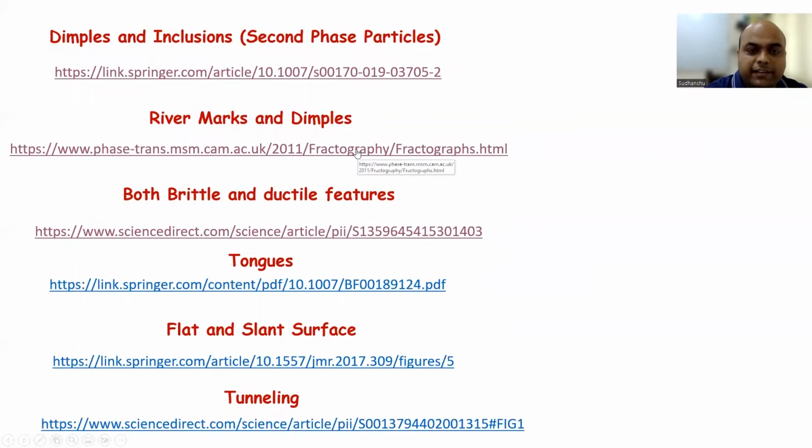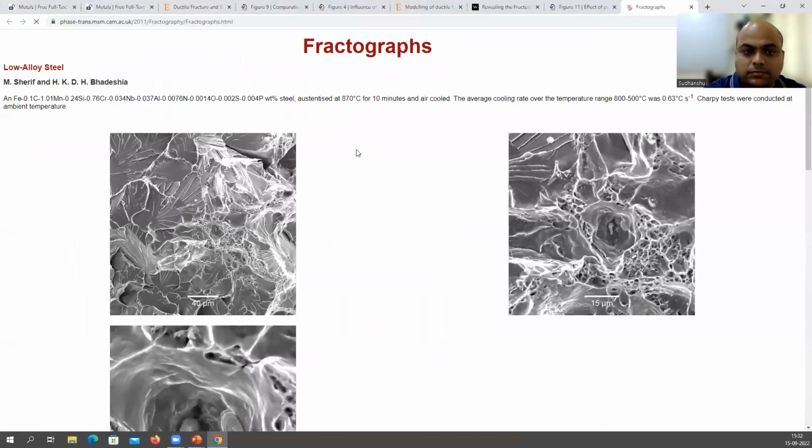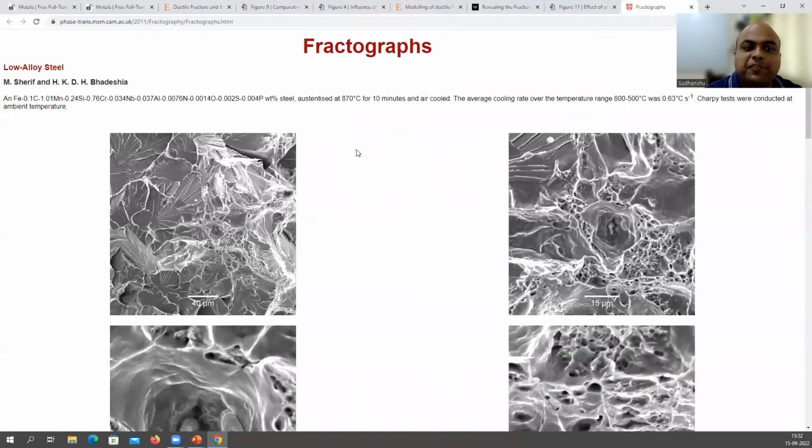Now let's see river marks and dimples. This is from Professor Vadesia, UK, and his team has shown some fractographs of steels. What you see here on the left side are river marks, all these lines.